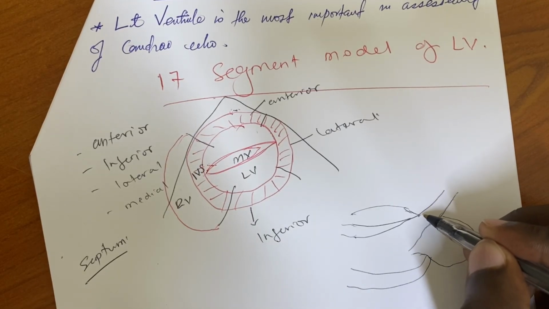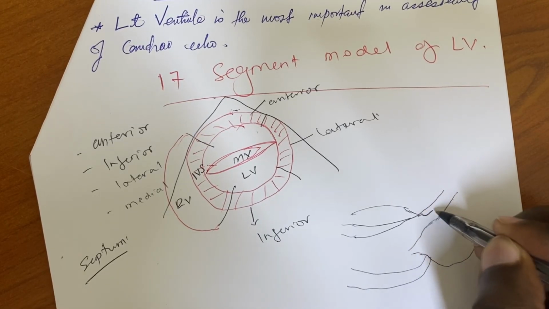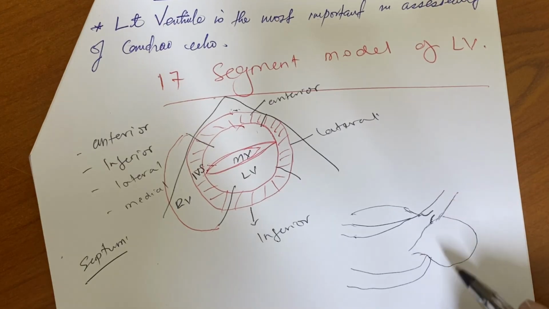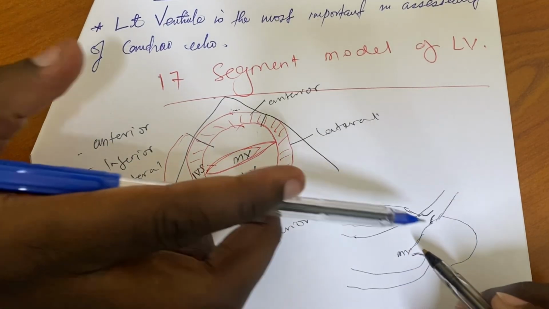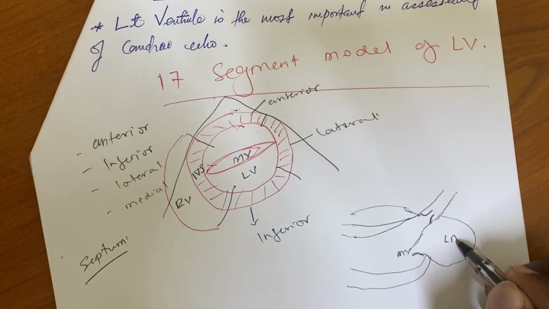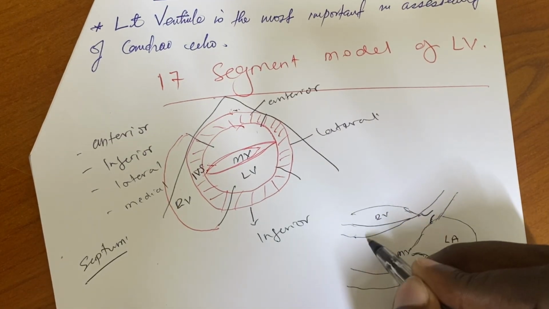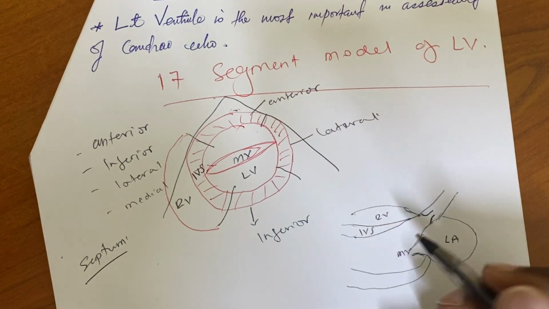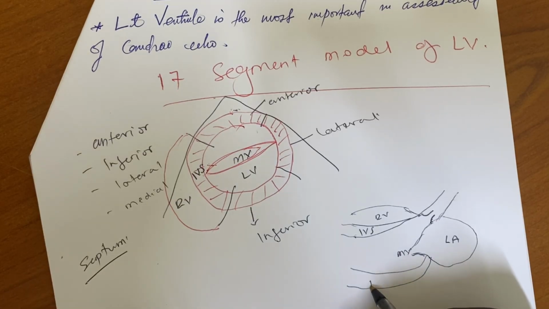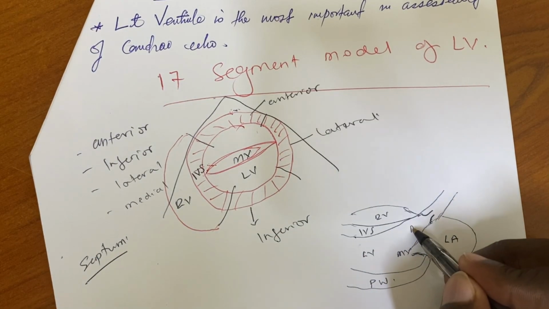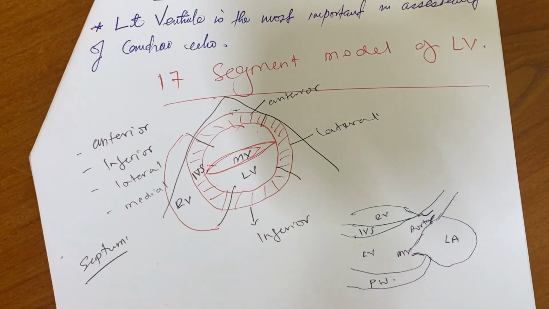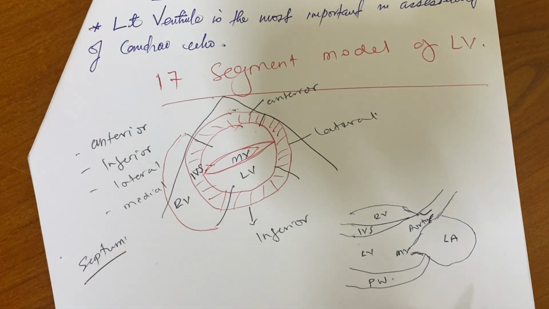This was the aortic valve. Yes. And this was mitral valve. Then the left atrium. This is RV, interventricular septum. And then posterior wall. Yes, posterior wall. So this is parasternal long axis.